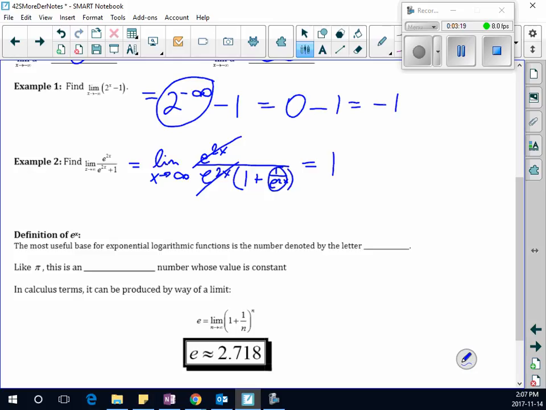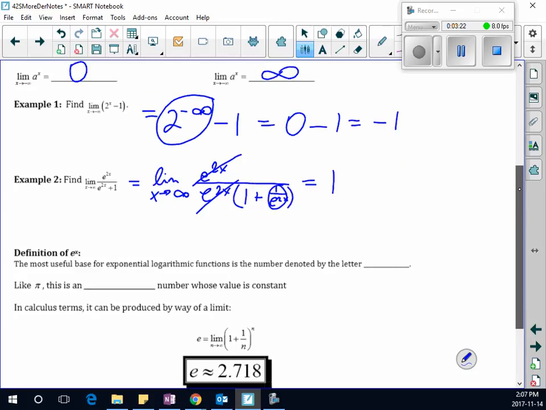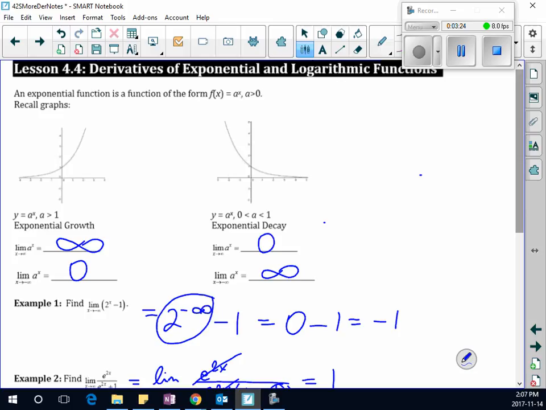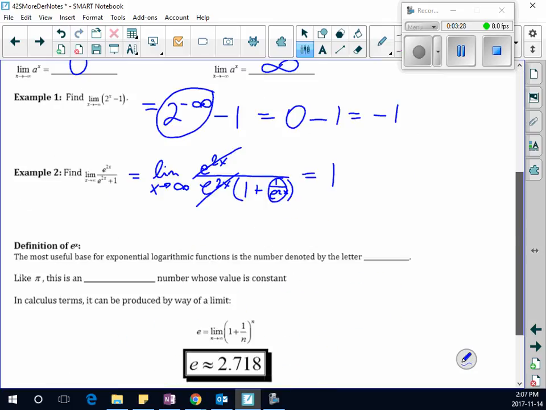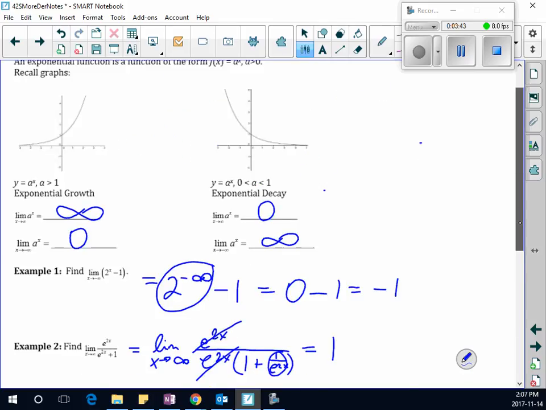Because if you think about this for a second, e to the power infinity is infinity, yes? But this is 1 over a big number, which is essentially 0. 1 over a big number is a really, really small number. It's roughly 0. But this is limits. It's all rough, right? Okay.